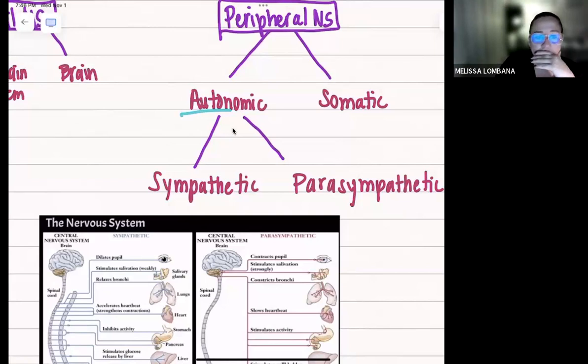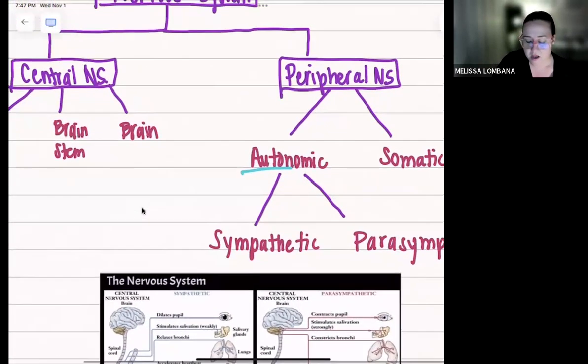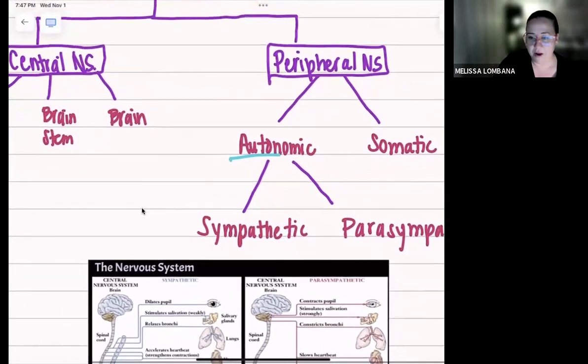Now, the autonomic is divided into two. You have your sympathetic nervous system and your parasympathetic. I will definitely leave space on the bottom. Kind of ignore this drawing for now. That's just for me, since there's no PowerPoint for you guys.